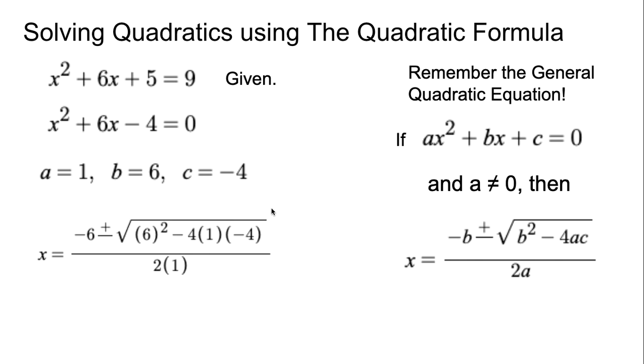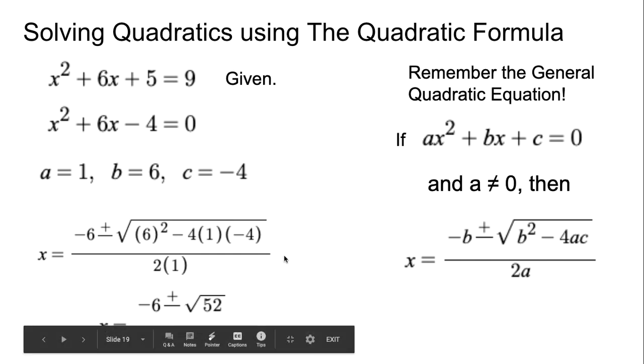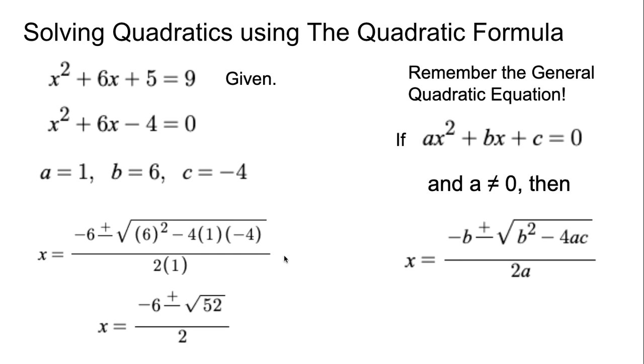Then I have to very carefully do some computation. I'm going to begin by figuring out all this stuff underneath the square root. And maybe you already did that, but if you square 6 and then add 16, you get 52. And so that is what's under the square root.